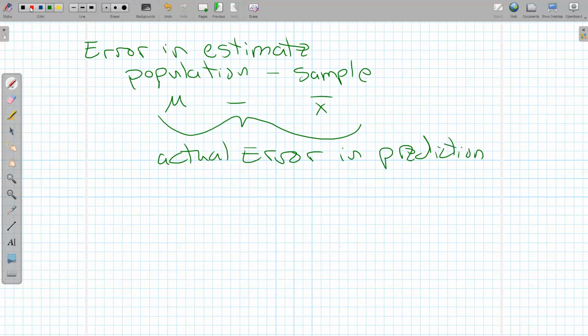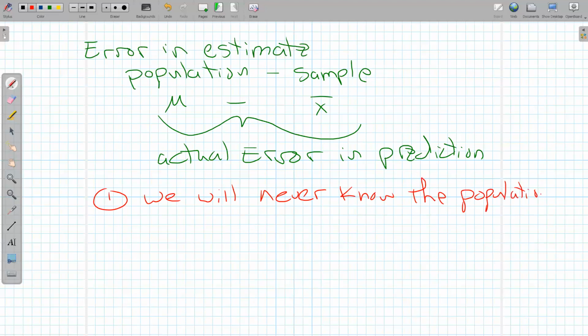And the problem here is, one, we will never know the actual population value. That population value in this case is mu, an average, but it could be something else like the percent of people who text.